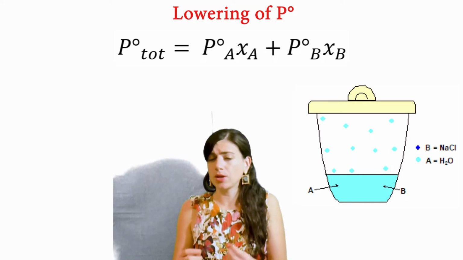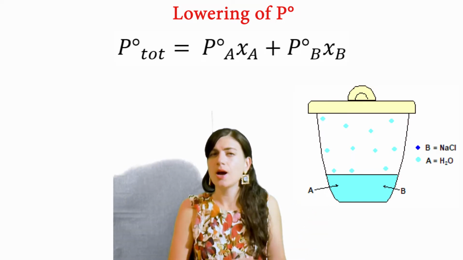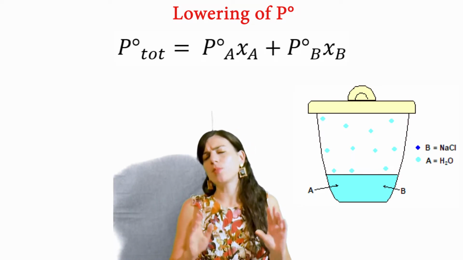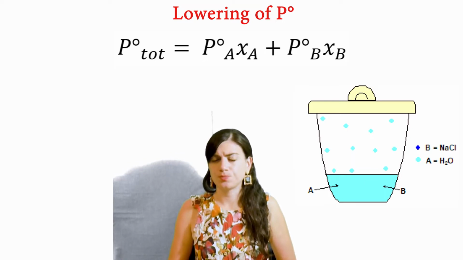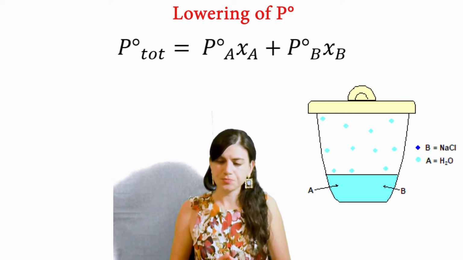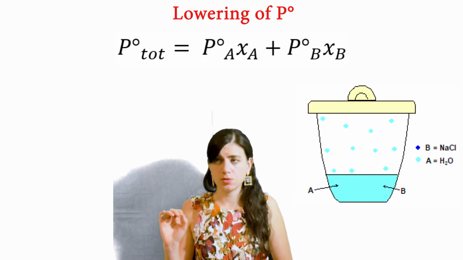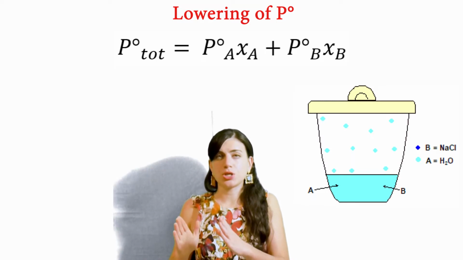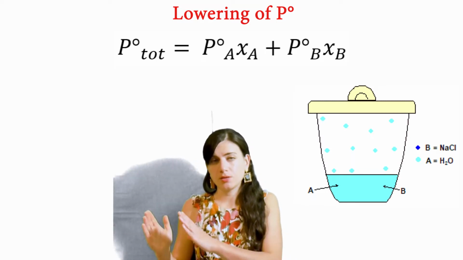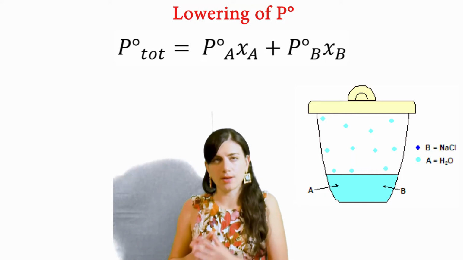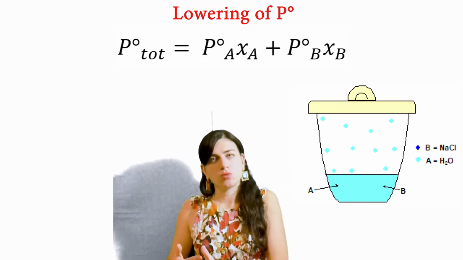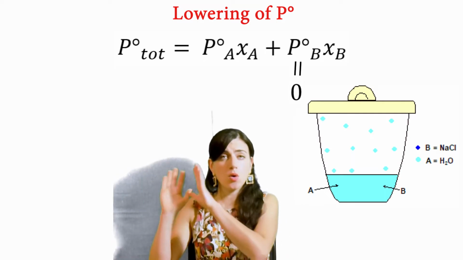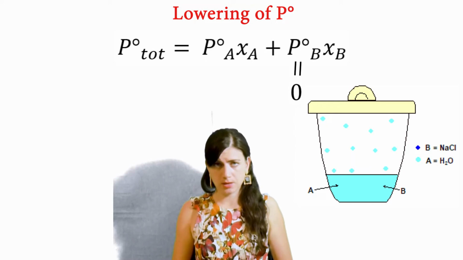Sodium chloride is a non-volatile solute, so we are considering our problem of lowering of the vapor pressure. And what will happen to our Raoult equation? The second part of the equation will be cancelled, because the vapor pressure of the solid B, since the solid B is not volatile, will be 0. So the vapor pressure of B is 0. This means that all the second part of the equation will be cancelled.